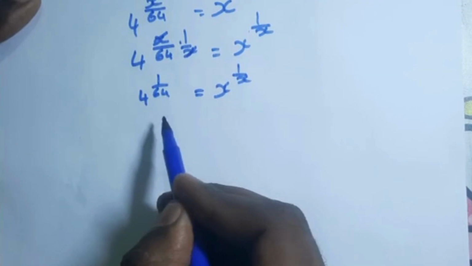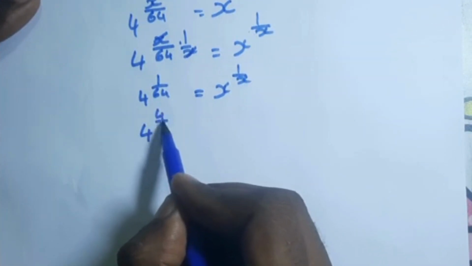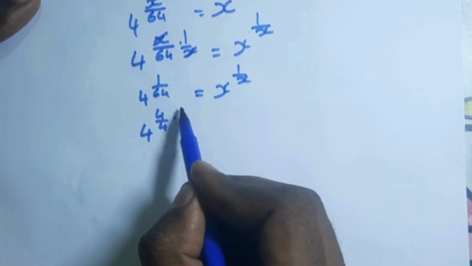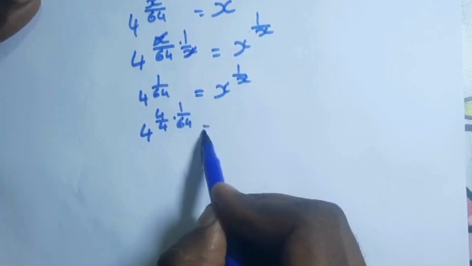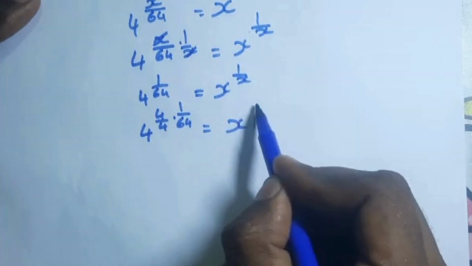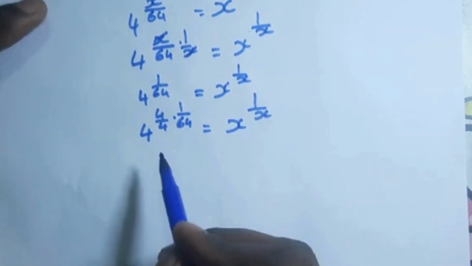Now we are adding in the left hand side in the power 4 by 4. Nothing is going to be changed, which means 4 to the power of 4 by 4 into 1 by 64 equal to x to the power of 1 by x.